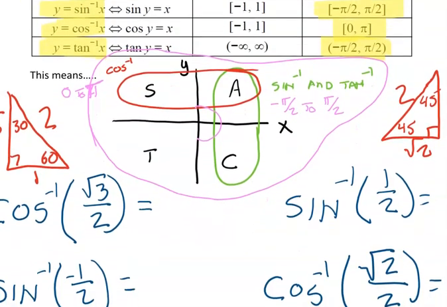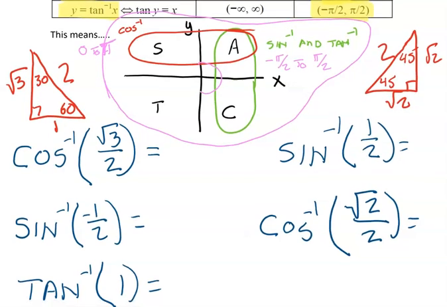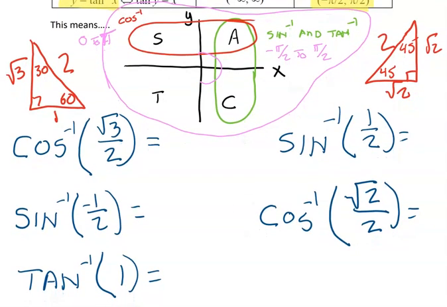So let's see if we can figure out some of this stuff. Here we go. So this first one here, the inverse cosine of root 3 over 2 means the cosine of what angle is root 3 over 2.